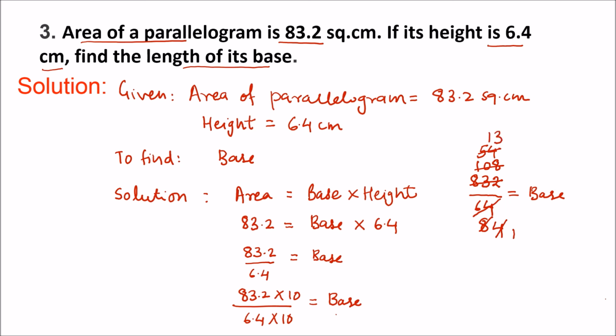So after the cancellation we will get 13, right? So the base of the parallelogram is 13 centimeter. Okay, so this way we can find the base of a parallelogram. It's very simple, you just should know the formula for area of parallelogram.